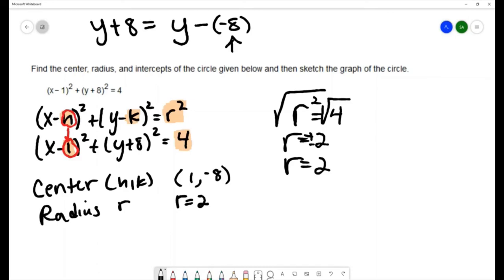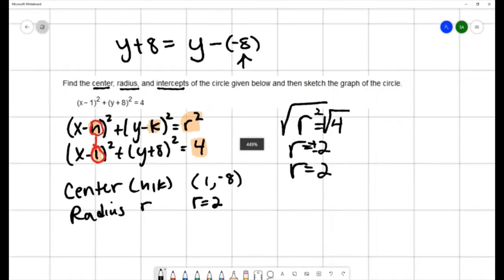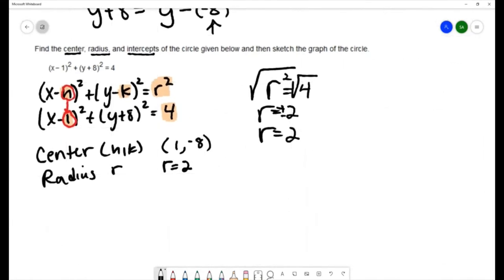So we found the center, we found the radius, and now let's find the intercepts of our circle. To find an x-intercept, we let y equal 0. This gives x minus 1 squared plus 0 plus 8 squared equals 4.